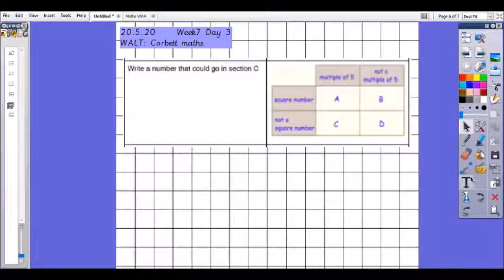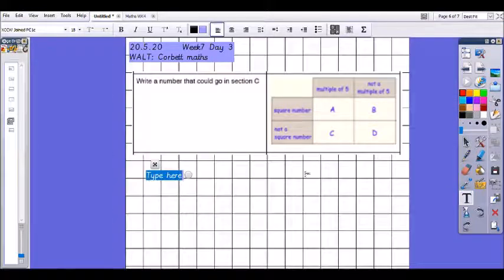So I'm going to start by writing the 5 times table out. So we've got 5, 10, 15, 20, 25. I'm going to stop there. Now we're looking for a number in this 5 times table that is not a square number. I know 5 is not a square number because this is not the product of the same number being multiplied.